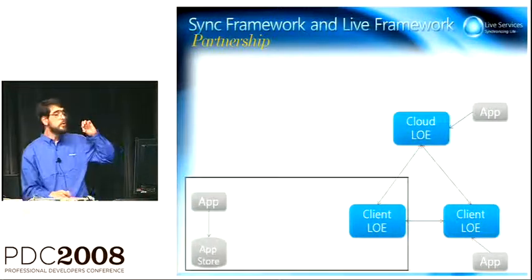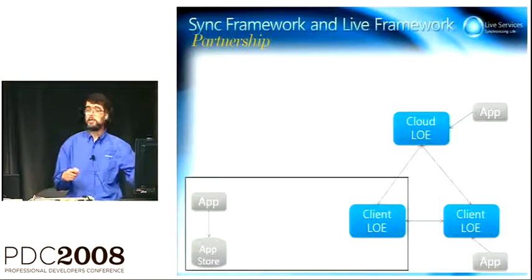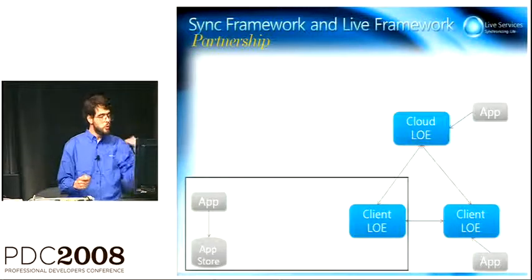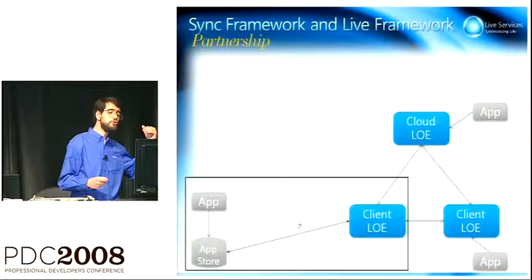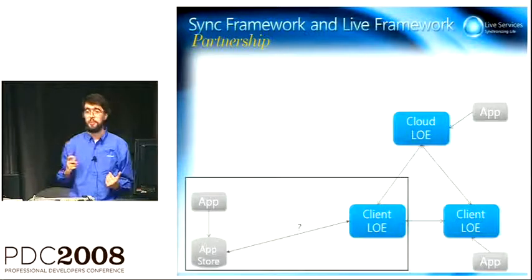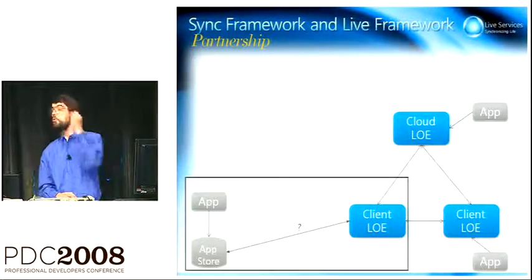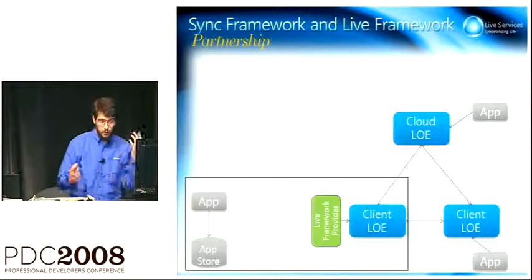But let's take a look at another kind of application. Let's start with a client app that runs perhaps on the same machine, has its own app store, is coded to work with that app store, and wants to stay that way. That app will want to have its store synchronized with the mesh, so that its data would also appear in the cloud and would also be synchronized to other mesh-enabled PCs or devices.